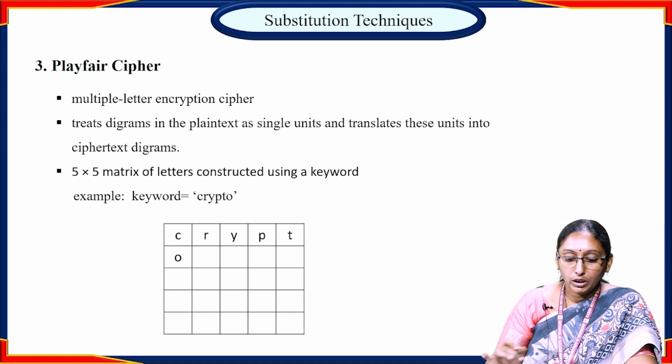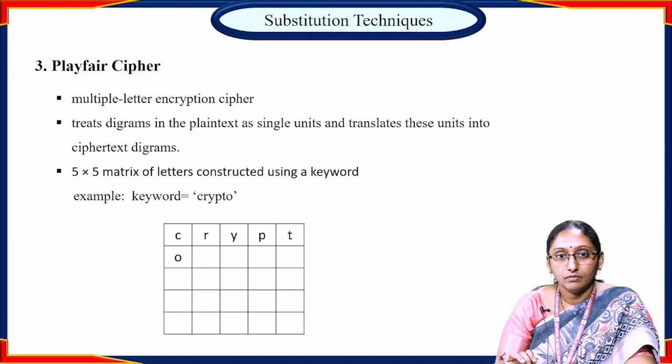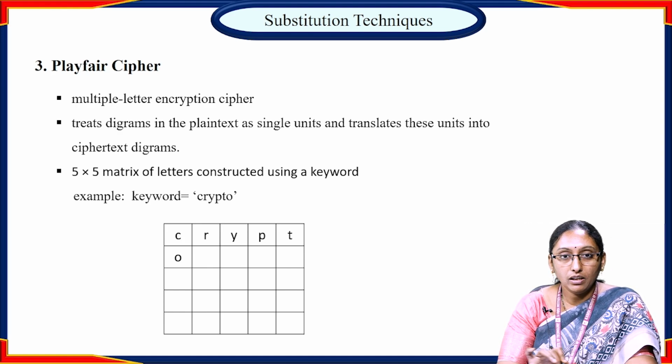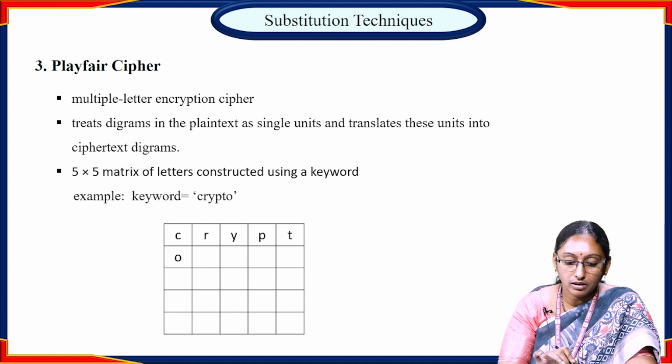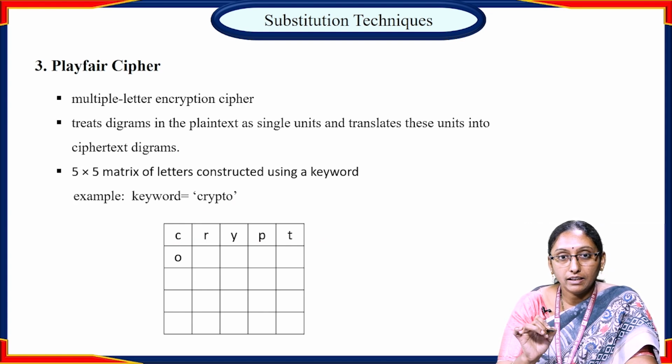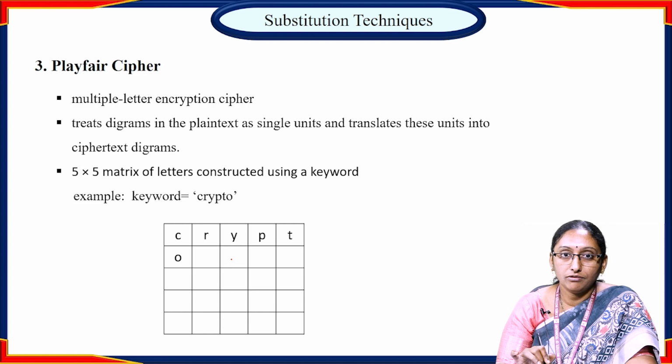This matrix contains the letters A to Z, but we are not filling the letters in sequence. First, we fill the cells of the matrix with the keyword letters. The keyword letters are C, R, Y, P, T, O. If any letter is repeated in the keyword, we should not write it again. You write that letter only once. The remaining cells are filled with the remaining alphabets.